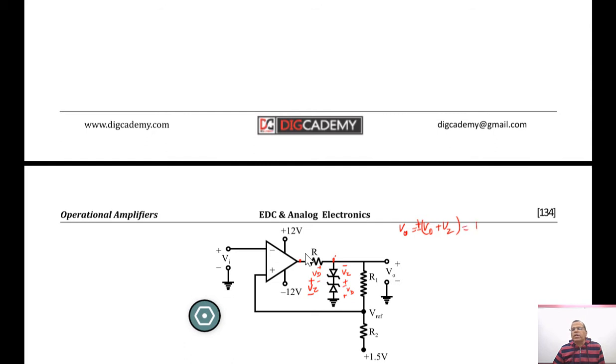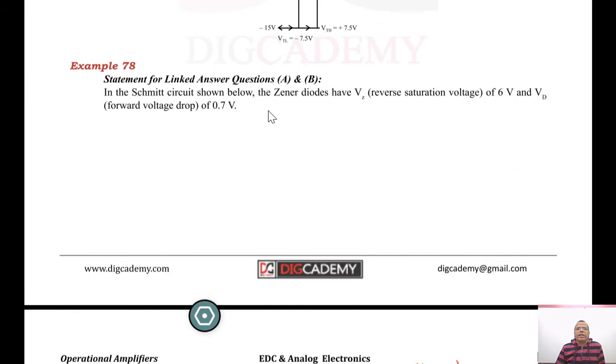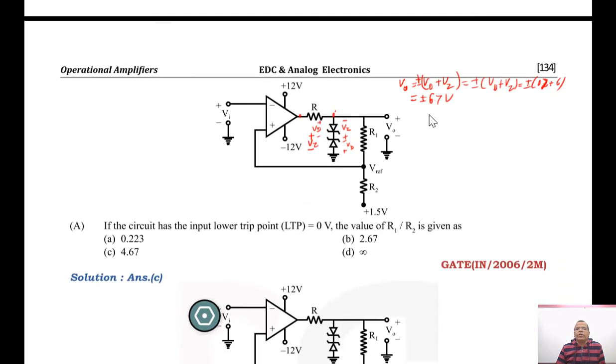So this is nothing but plus minus Vd plus Vz, that is 0.7 plus 6, so output voltage is going to be plus minus 6.7 volt. You are given this voltage, you are given this voltage, output is plus minus sum of these two, so output of the circuit is going to be plus minus 6.7 volt, right?